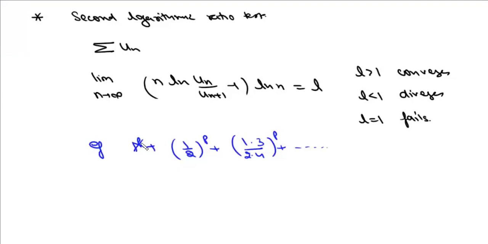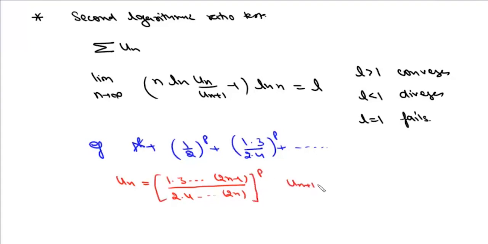If we ignore this first term, then we can write this un as (1 into 3 up to 2n minus 1 upon 2, 4 up to 2n) whole to the power p, and we can write un plus 1 as (1, 3 up to 2n plus 1 upon 2, 4 up to 2n plus 2) whole to the power p.